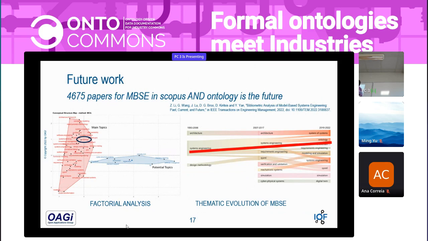But in the last 3 years, the tendency is from systems engineering to ontology. So that's why, based on my understanding, I think ontology should be the future in the systems engineering domain. And what we are doing in our community will contribute more to the systems engineering community.